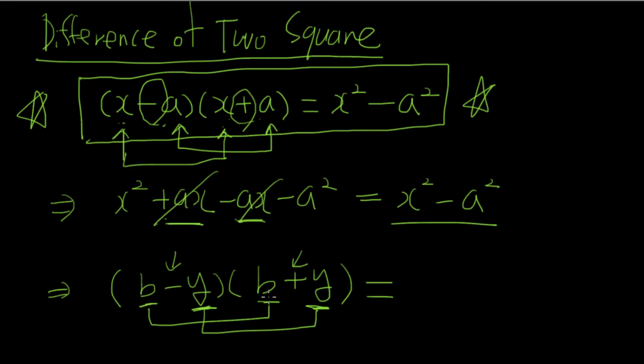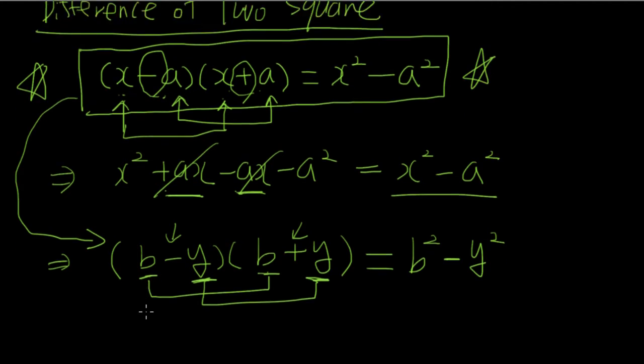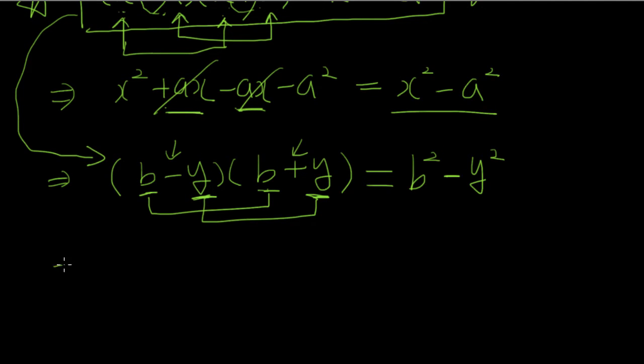Then what should the answer be? Whatever we have in the first term, which is b squared, minus whatever we have in the second term, which is y squared. So this formula can be applied like this. If I give you an extreme example, let's say we have moon plus star, and we have moon minus star.